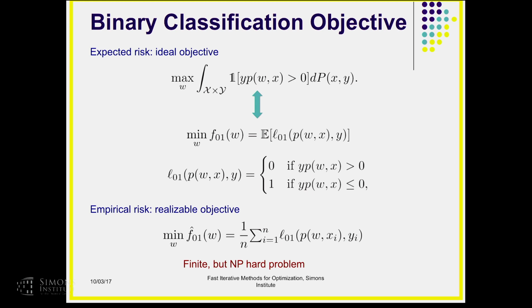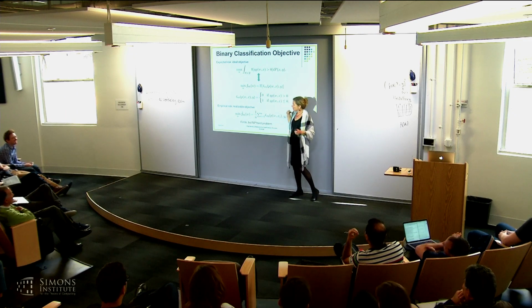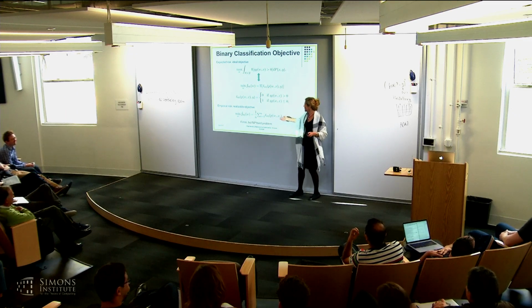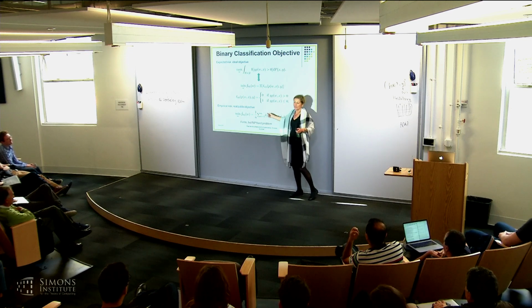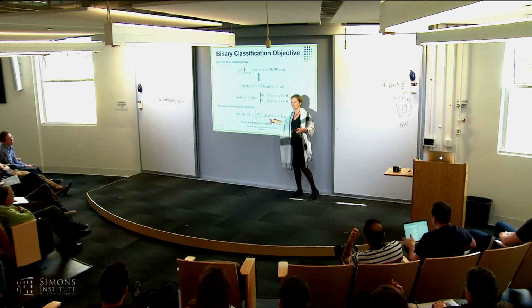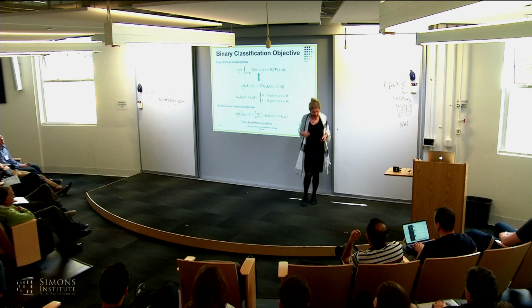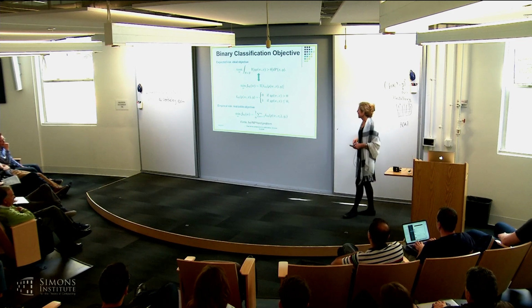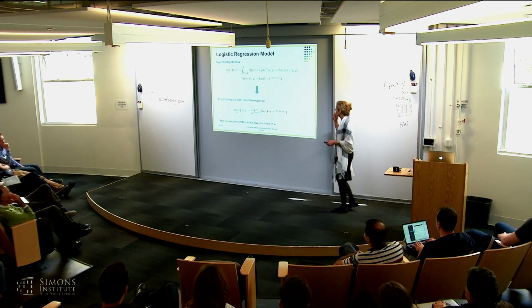It's not clear what NP-hard means here anyway. It's NP-hard if you want to optimize this exactly, but who really wants to optimize this exactly? We want to optimize this function, right? So this is what I will be talking about a little bit.